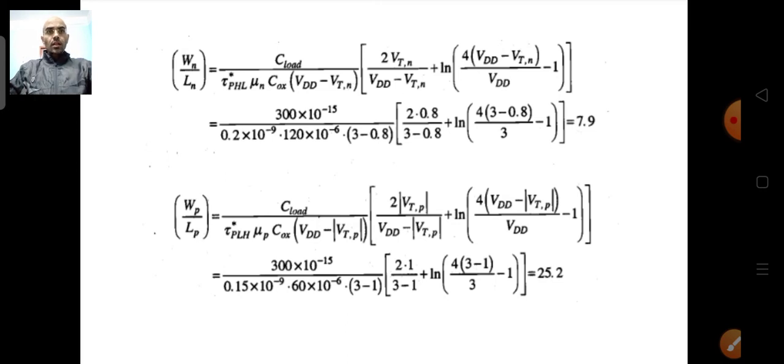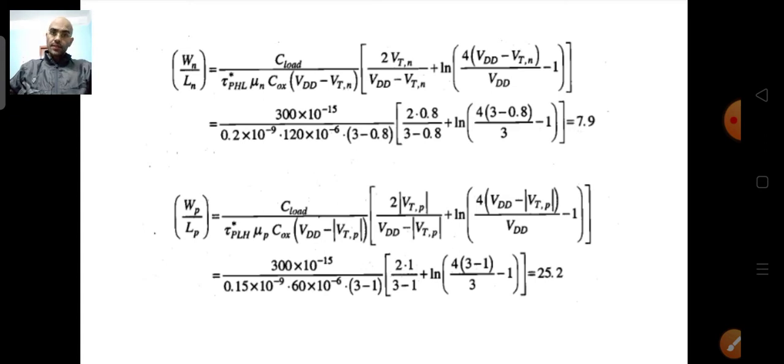So you see, the load capacitance is given as 300 femtofarad, so we have written 300 into 10 to the minus 15. Tau PHL as per the condition is 0.2 nanoseconds, so we have used 0.2 nanoseconds. Then the supply voltage VDD and VTN are given: VTN is 0.8 and VDD is 3 volts.